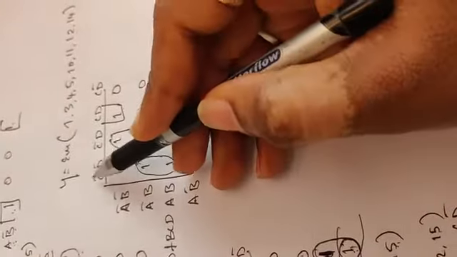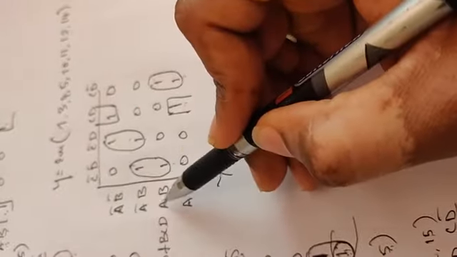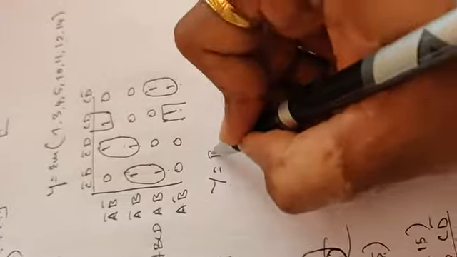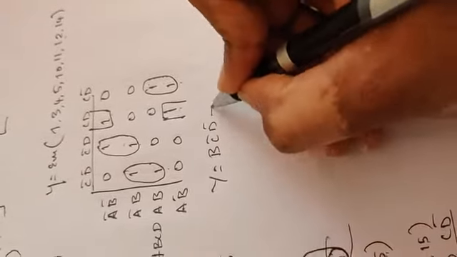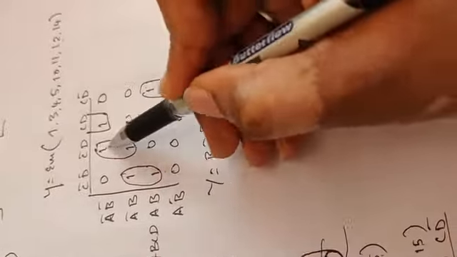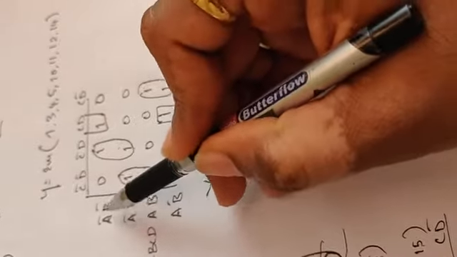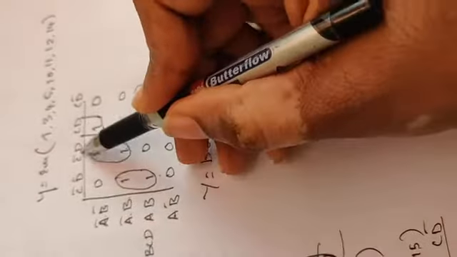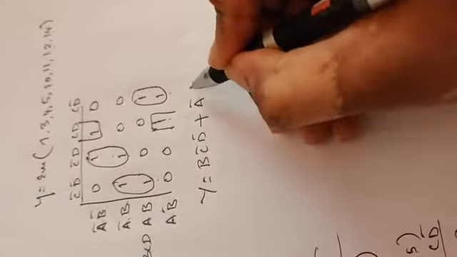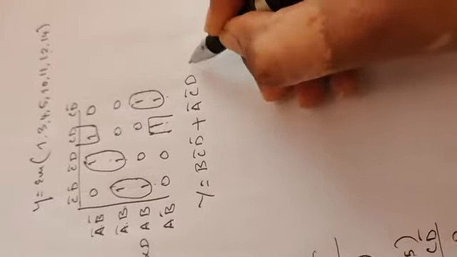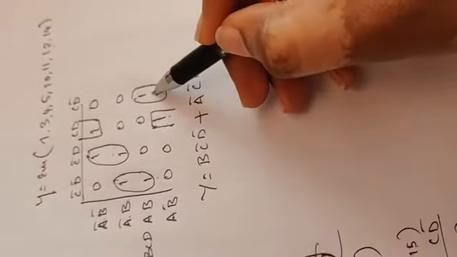So this C bar D bar, keep it as it is. A bar A cancels, B C D bar, plus, look at this, B bar B cancels, A bar A bar C bar D. Okay, like this.